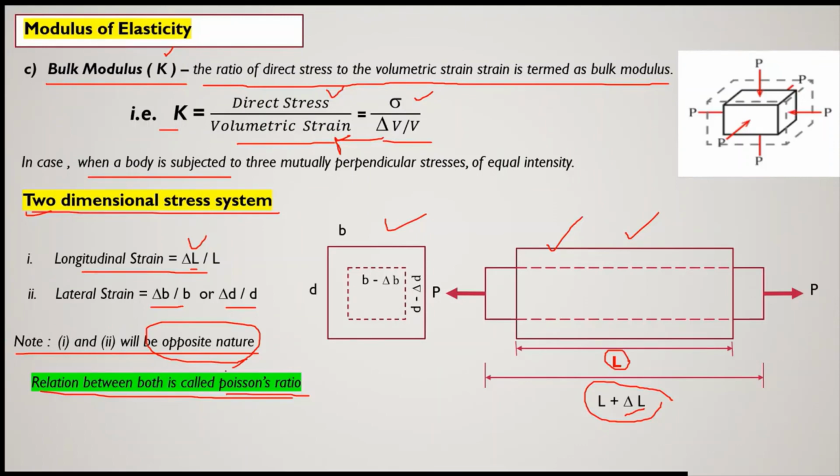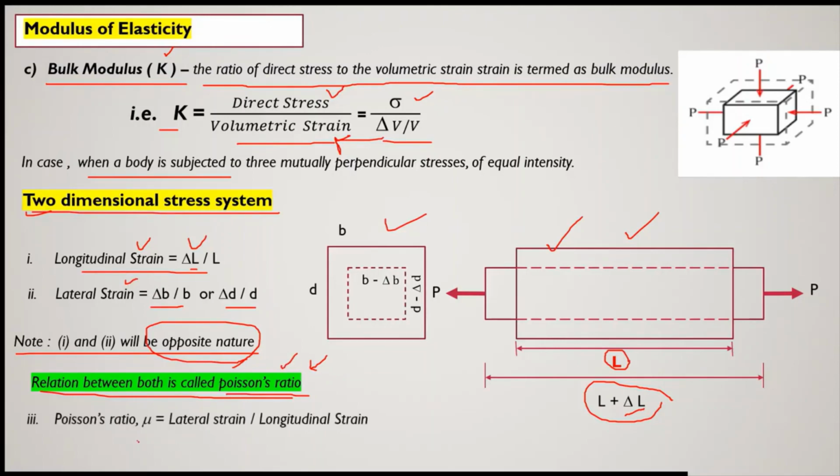So here we are getting the information that there is some relation between longitudinal strain as well as lateral strain, and that relation is known as Poisson ratio. Since longitudinal strain is unitless and lateral strain is unitless, Poisson ratio is also unitless, it will be a number.